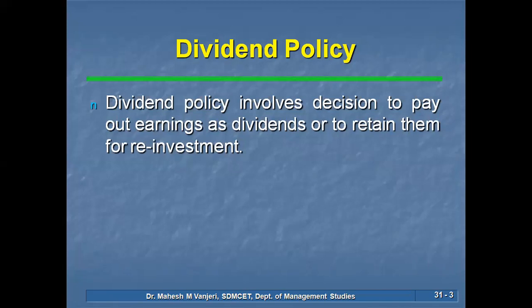So a company can pay out the earnings in the form of dividends to equity shareholders, or the company can retain these earnings for the purpose of reinvestment. That policy itself is called a dividend policy. The decision to pay out earnings as dividend or the decision to retain the earnings is referred to as dividend policy.